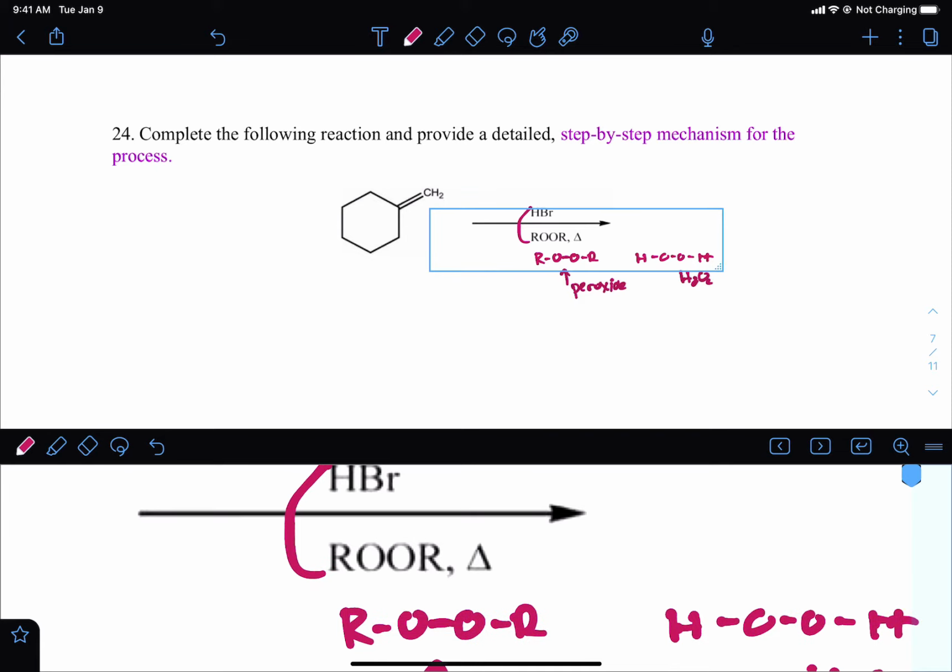So what happens in the next step is that one of our radicals will react with our HBr. And here you have to remember, how does it react? What we're going to do is take one electron from the radical and one electron from the bond.